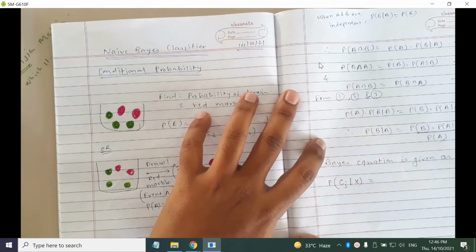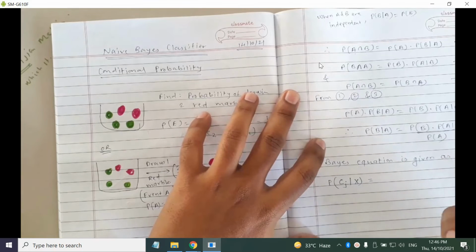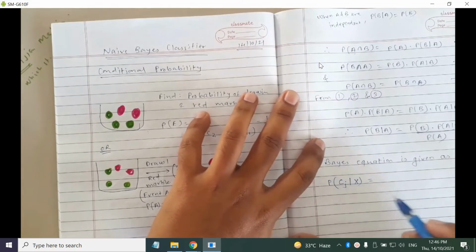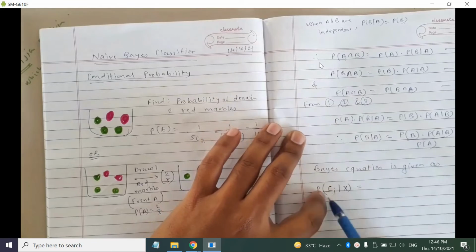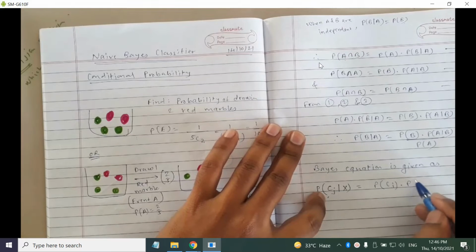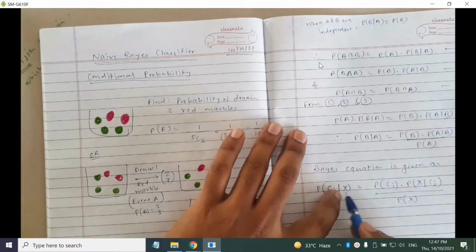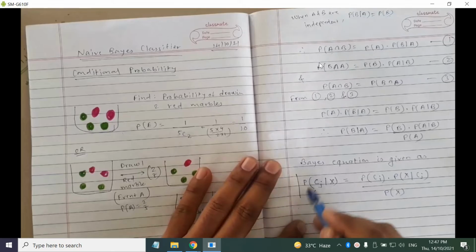You will be provided with one instance or a test sample, and we want to determine its class. So probability of Cj into probability of X given Cj divided by probability of the denominator. Okay, so this is the Bayesian equation.